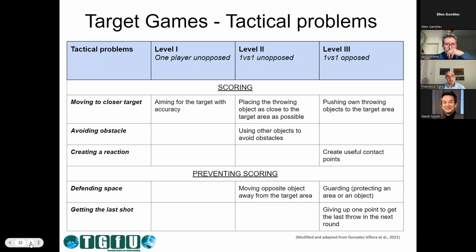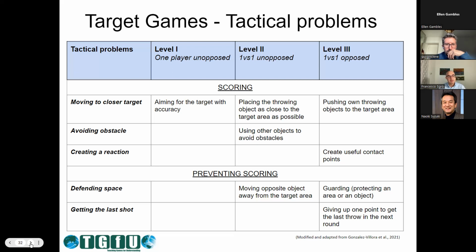For each tactical problem, we can see in the table different characteristics according to the level of tactical complexity. Level 1 is related to one player and opposed target games. Level 2 is related to 1 versus 1 and opposed target games. Meanwhile, level 3 is 1 versus 1 opposed target games.